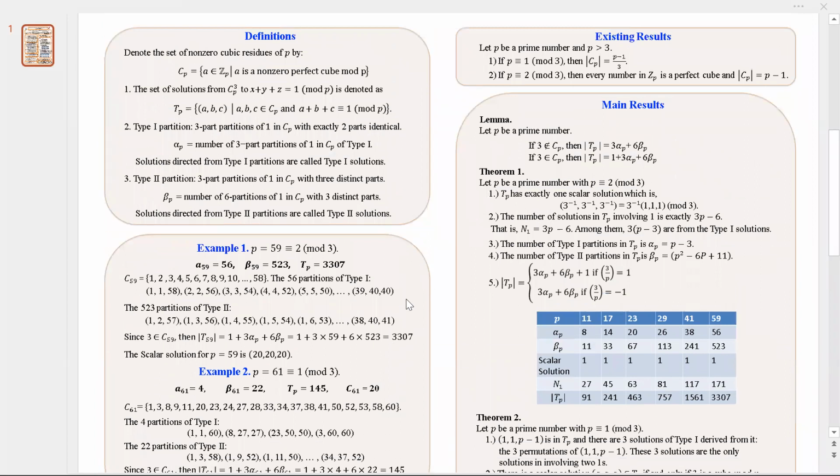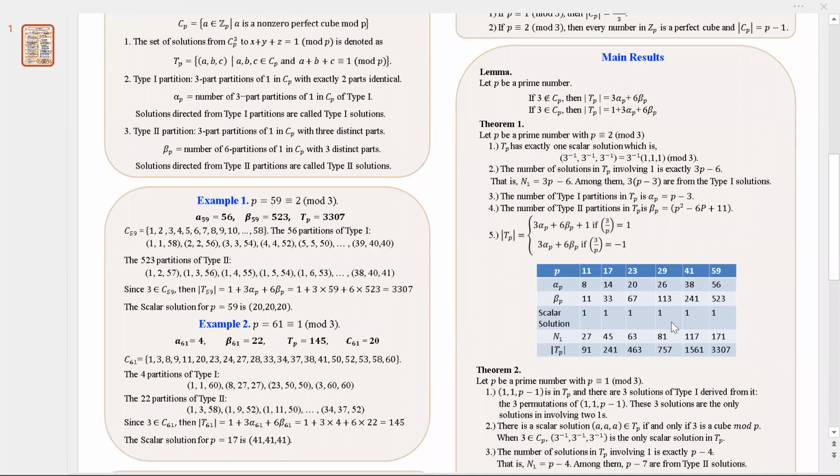In main results, connecting in relation to existing results, I had prior experience in relation to 1 mod 3, and in this research I further expanded in the case of 2 mod 3. Essentially, in the first table shown, I focused on case 2 mod 3, where the prime numbers are as illustrated, and I developed equations in respect to P congruent to 2 mod 3.